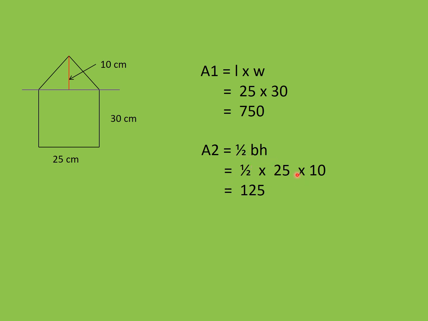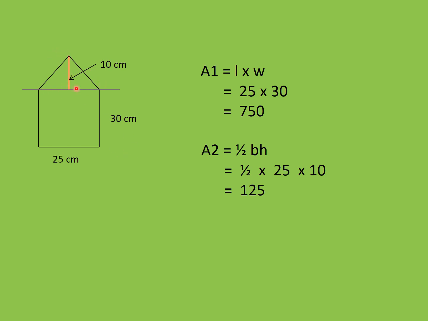A half times 25. If that's 25 across there, then the base of the triangle is also 25. So even though it wasn't marked, it was obvious that it's 25 centimeters as well, multiplied by the vertical height. Not the sides of the triangle, the vertical height shown by my red line there.